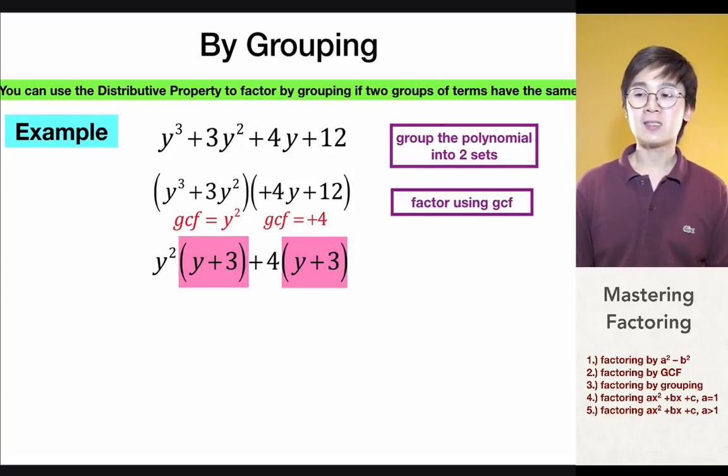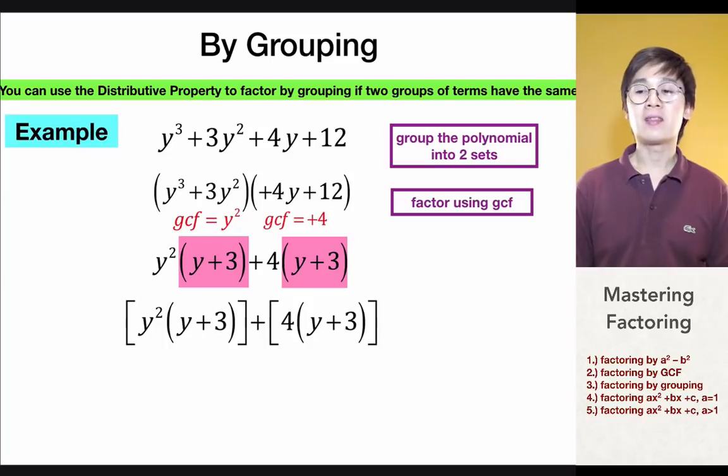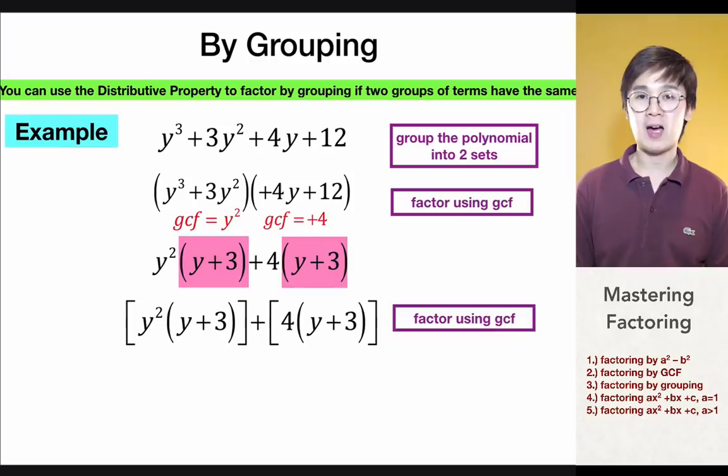Now in this case, we'll be able to use factoring using GCF once again to simplify our polynomial further. So by factoring by grouping, we're using several factoring techniques to be able to factor our polynomial.